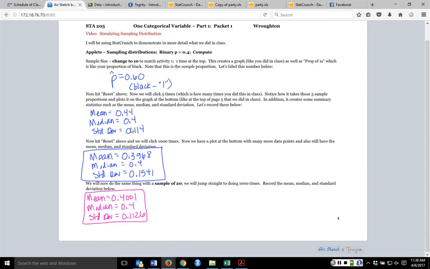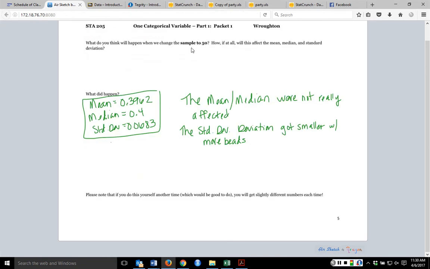Or I did 20 beads, or I did 10 beads. That's each time I did 1,000 times, and that doesn't really impact anything. I did 1,000 times. What was different each time was sampling 10 beads, 20 beads, and then finally doing 50 beads. Okay, so all I'm doing is taking out a bigger sample from that container and seeing how that affects things.